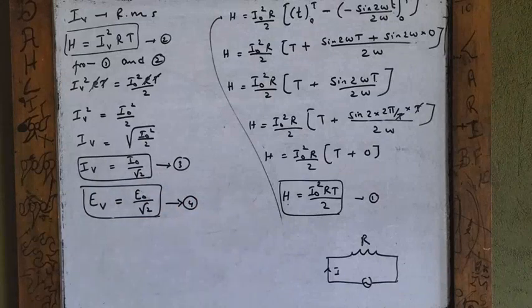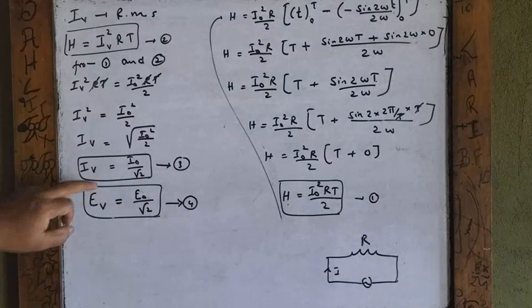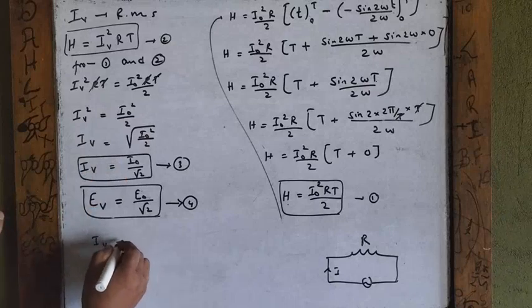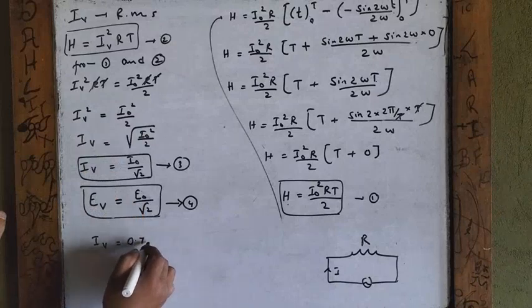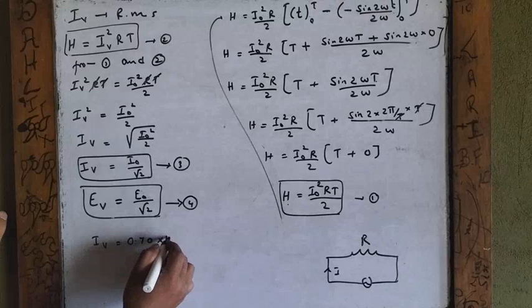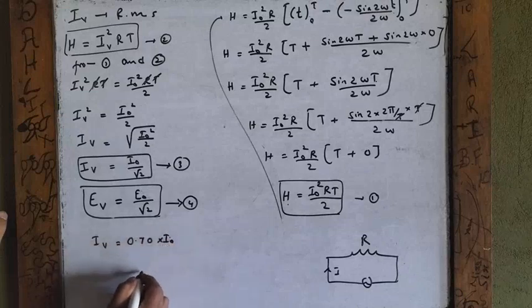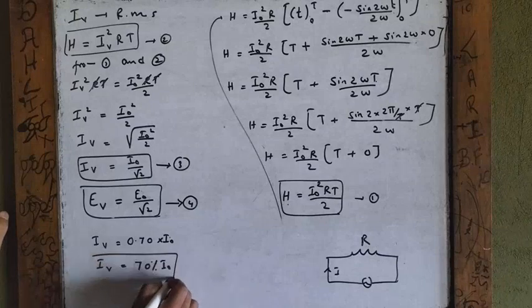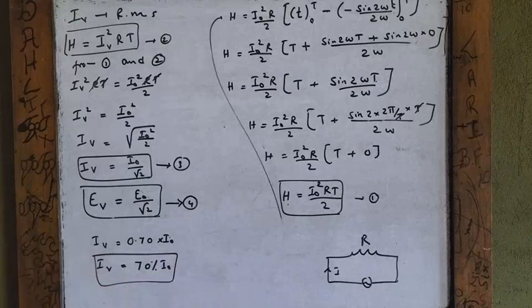Alright, now this root 2, it means when you divide the numerator by root 2, you'll get 0.7 into I naught. Okay, if you convert into percentage, then this is 70% of I naught.